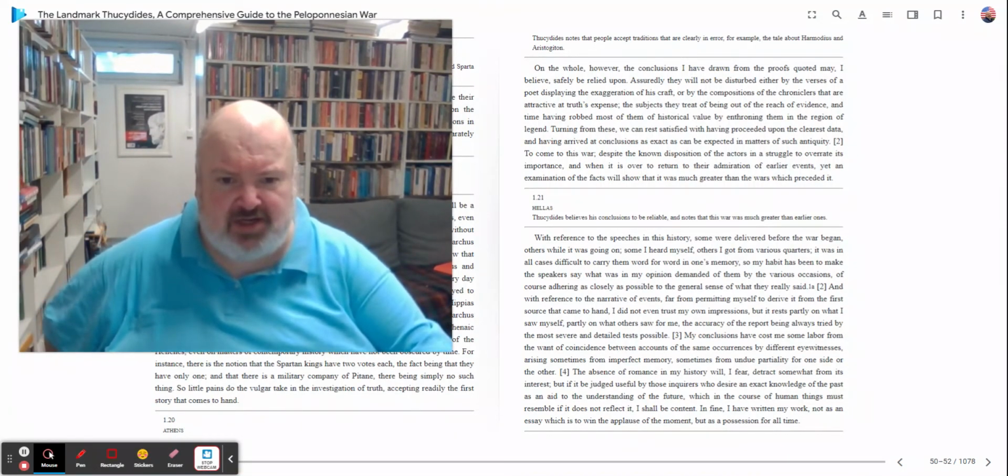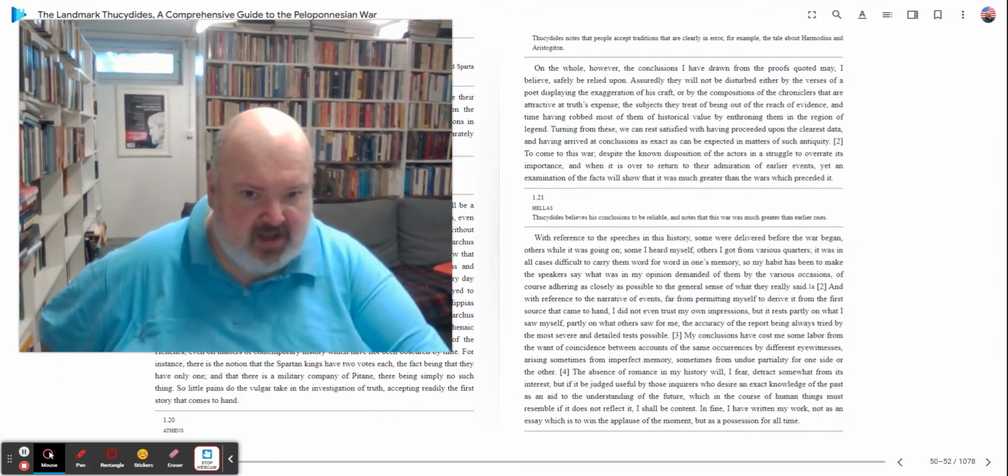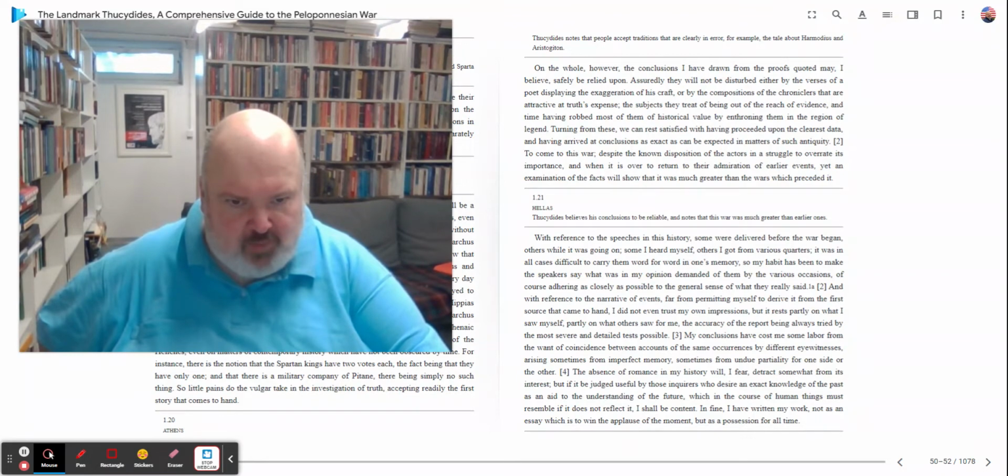Turning from these, we can rest satisfied with having proceeded upon the clearest data and having arrived at conclusions as exact as can be expected in matters of such antiquity. To come to this war, despite the known disposition of the actors in a struggle to overrate its importance, and when it is over, to return to their admiration of earlier events, yet an examination of the facts will show that it was much greater than the wars which preceded.